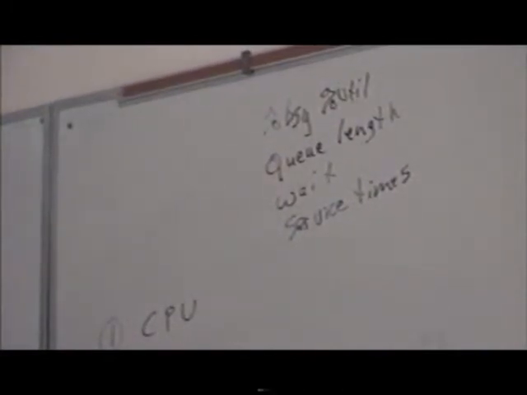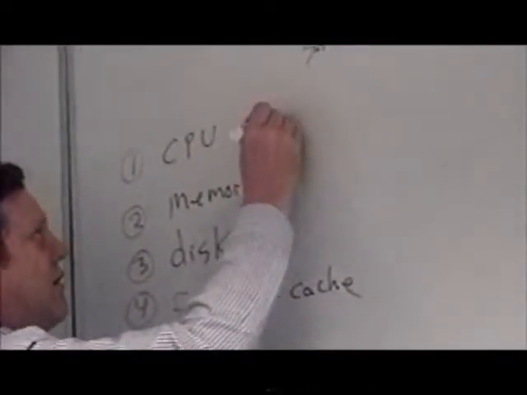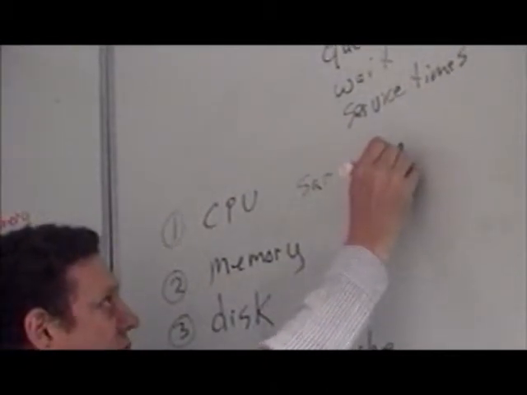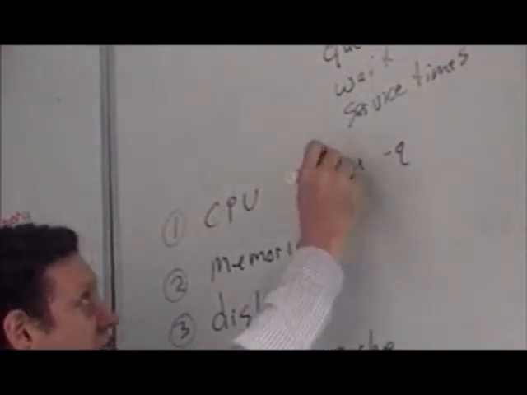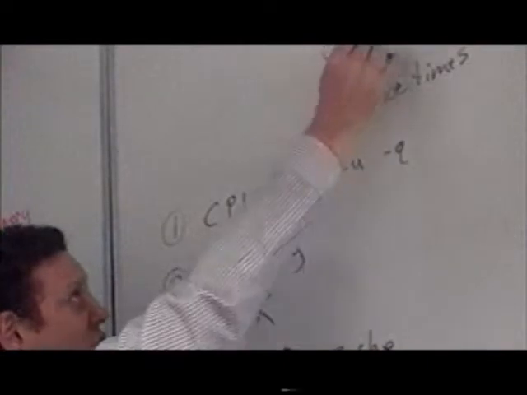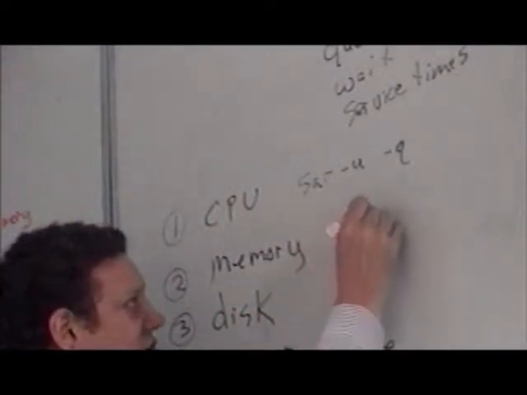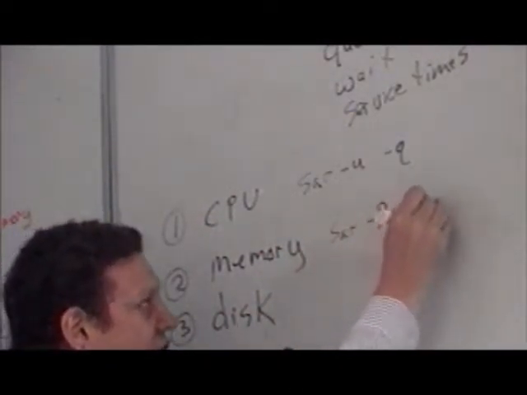Okay? So for the first one, for CPU, I'm just going to use SAR -U and also -Q. -U will give me my utilization, -Q will give me my queue lengths. For memory, I want to use SAR -r and SAR -w.